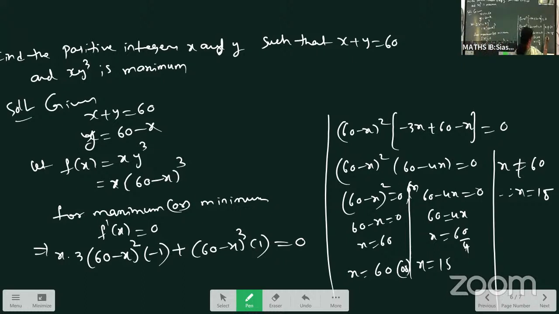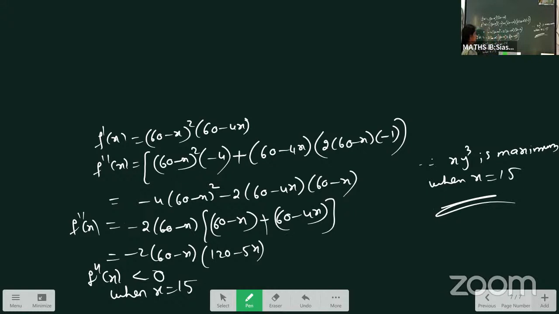So immediately x is equal to 15 means y is equal to 60 minus 15, y is equal to 45. This is also we have to write. So in the final conclusion, therefore xy cube is maximum when x is equal to 15 and y is equal to 45. If you take 45 plus 15, overall we are getting what? 60.